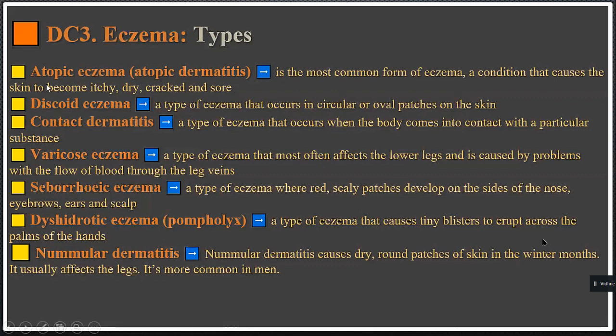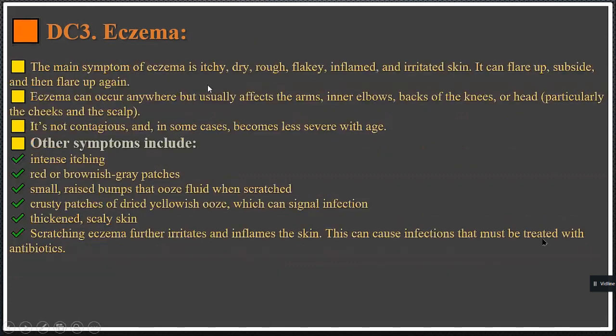Okay, eczema. The most common type of eczema and the most important in the exam is atopic eczema. You have different types of eczema, but they can ask you regarding atopic eczema. It's the most common form of eczema, causing skin to become itchy, dry, cracked, and so on. And the patient has a history of allergy also. The main symptoms of eczema, as we said, are itchy, dry, flaky, inflamed, irritated skin.